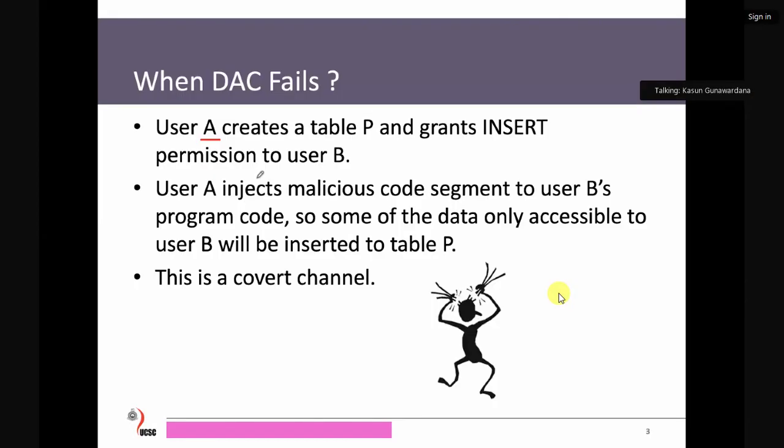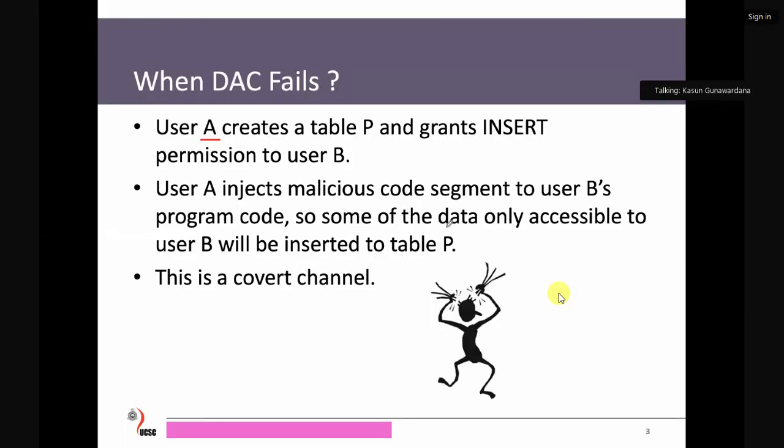And since the permission to insert data to table P is granted to user B, this malicious code, which is being executed with the authorization of user B, can insert data to table P. The table P was originally created by user A, so user A can do whatever they want.